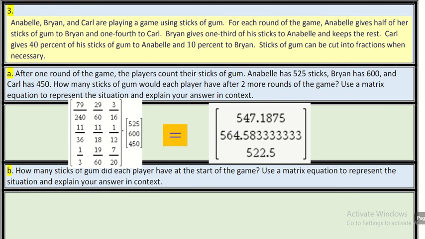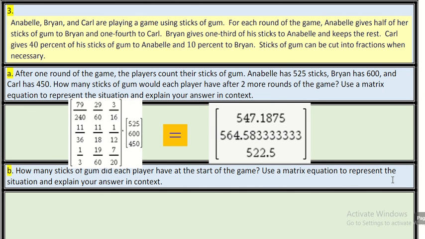So this suggests how many sticks of gum each person would have after playing the game 2 more times. So Annabelle, 547. Brian, 564, almost 565, and then Carl with 522.